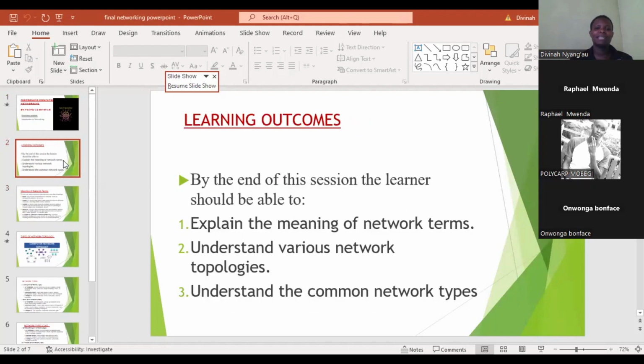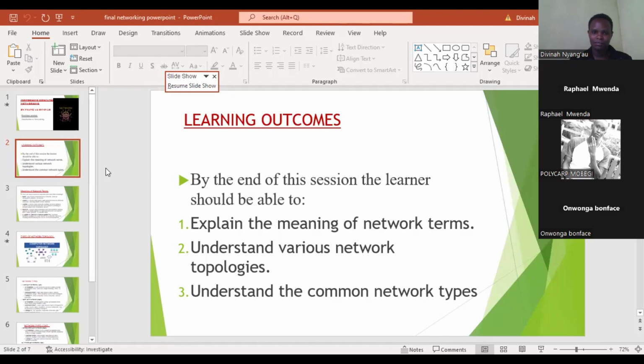Before I share my screen, can you try the meaning of network types? Have a trial. What are the network types, class, and their meaning? Yes, Boniface.